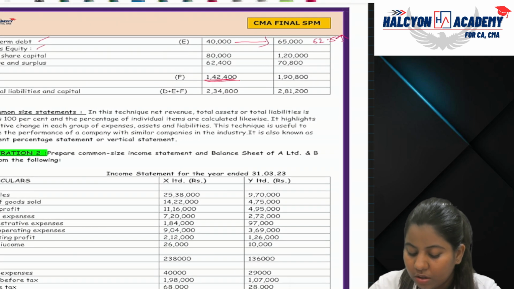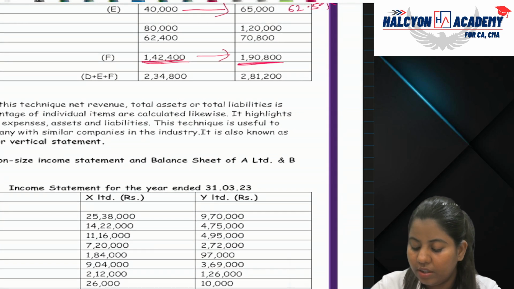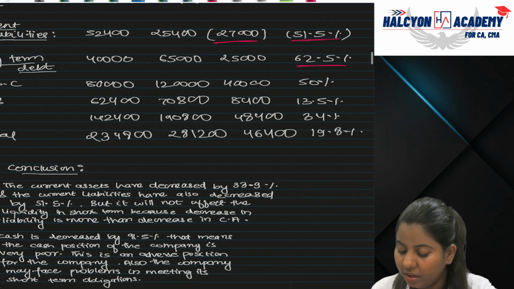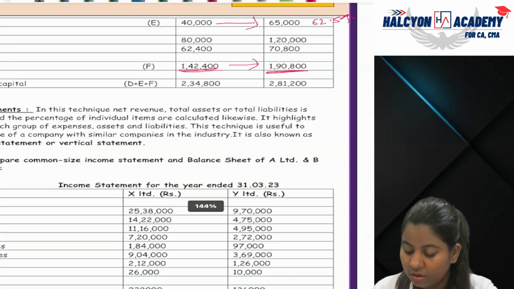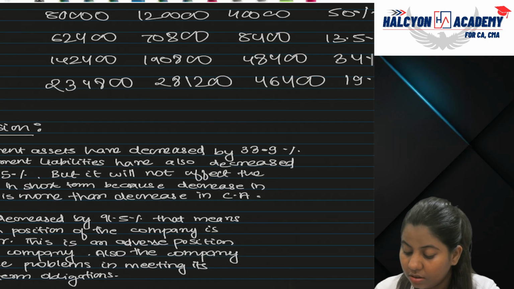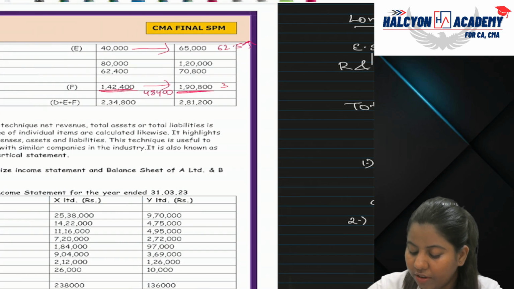Also, the owner's equity is also increased. It is also increased by how much? By 34%. By 48,400 rupees. That is 34%.